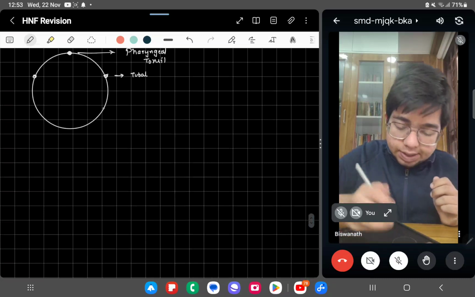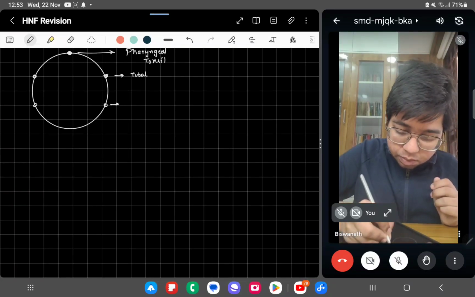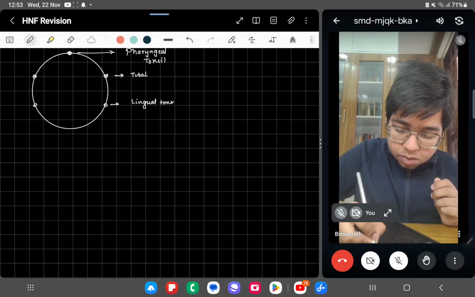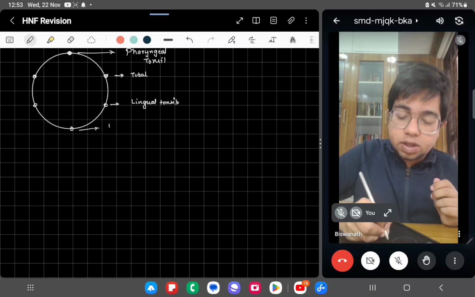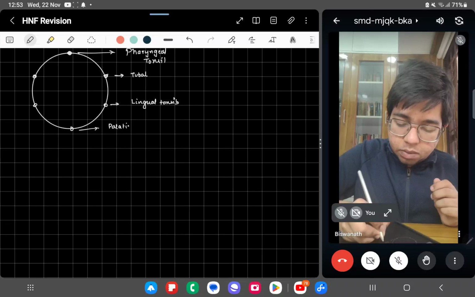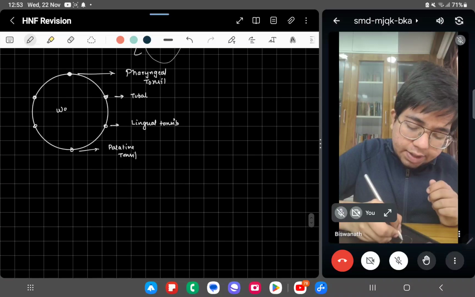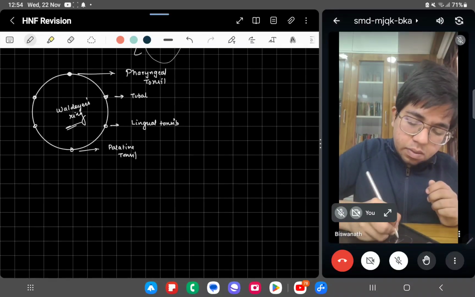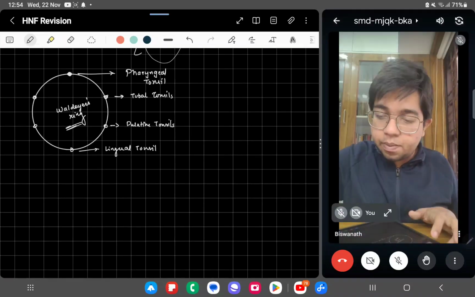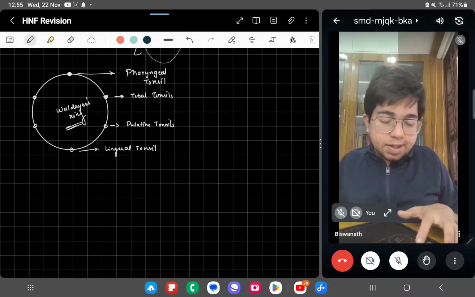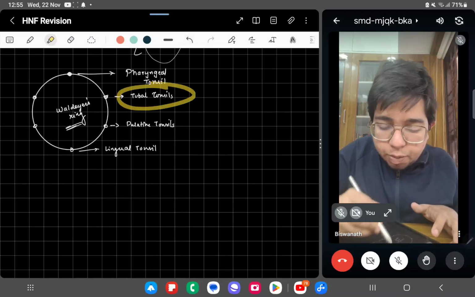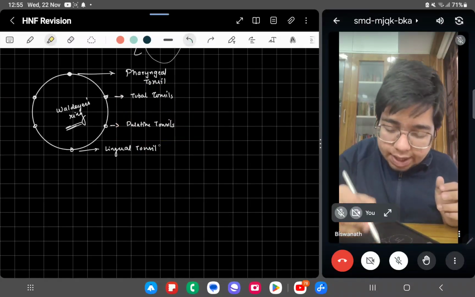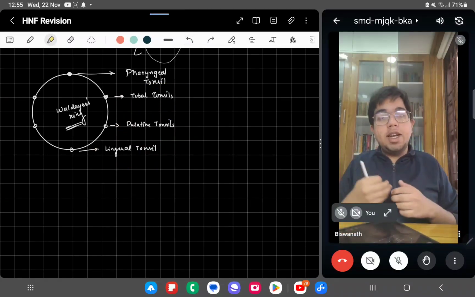Then your lingual tonsils, and your palatine tonsil. That forms a Waldeyer's ring. So what you have in a Waldeyer's ring: the pharyngeal tonsil, the tubal tonsils, the palatine tonsils, and the lingual tonsil. That completes a Waldeyer's ring.